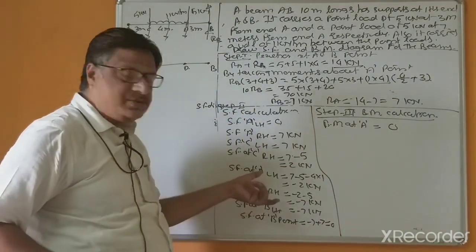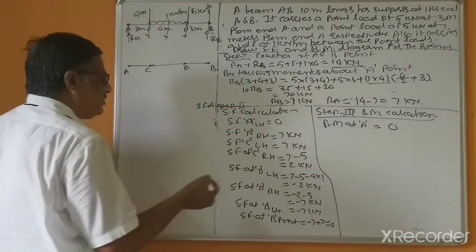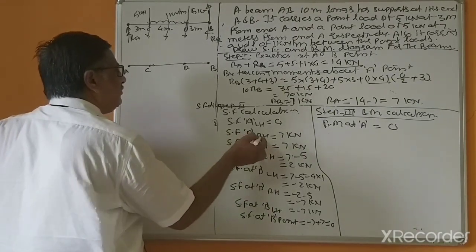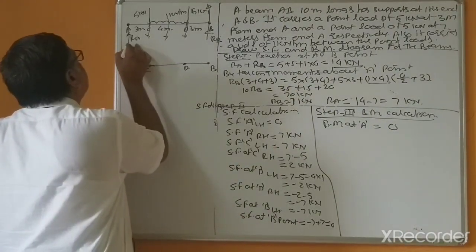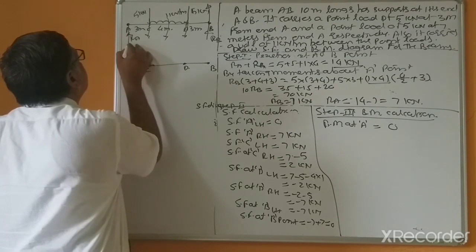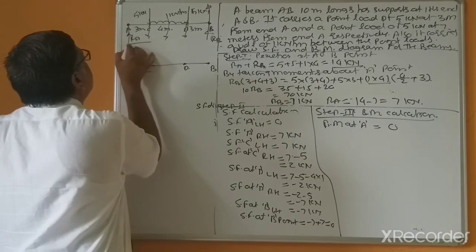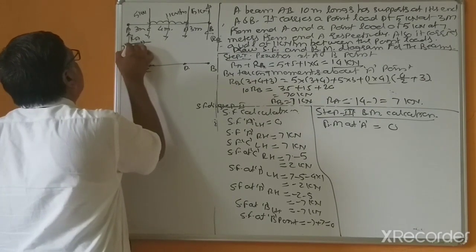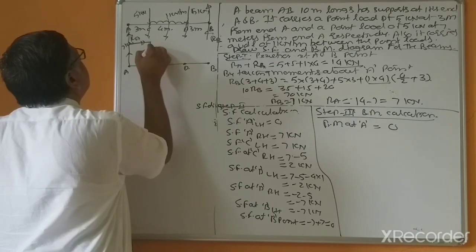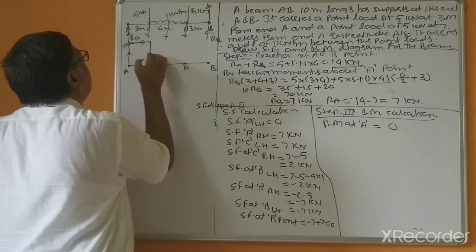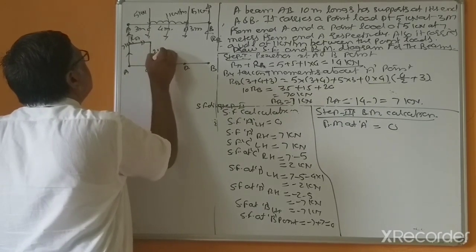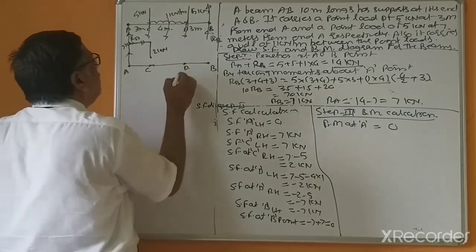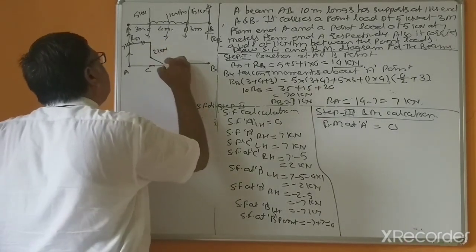Now by observing these calculations, draw the shear force diagram. Shear force at A point, in between A to C no force. At C point 5 kilonewtons downward, so this is 2 kilonewton, here minus 2.